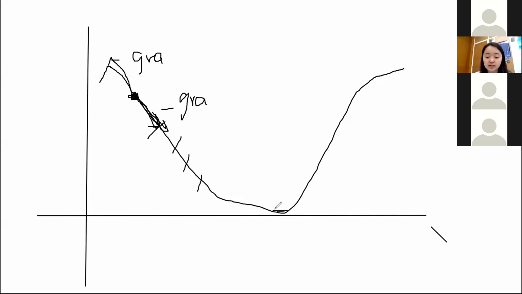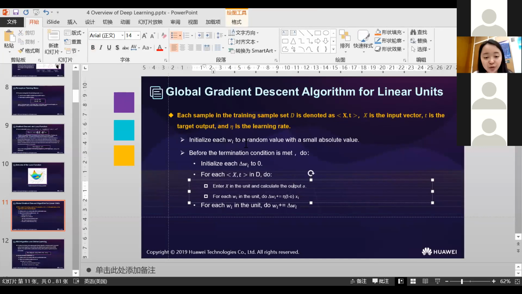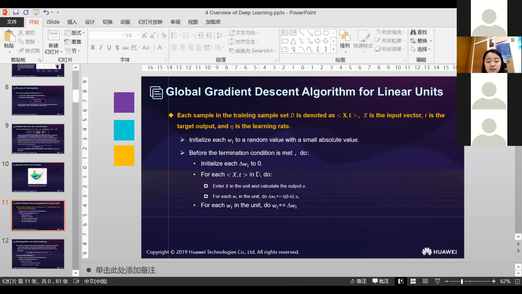That is the global gradient descent algorithm. We take all the samples of the training dataset into account and consider the average of the gradient.